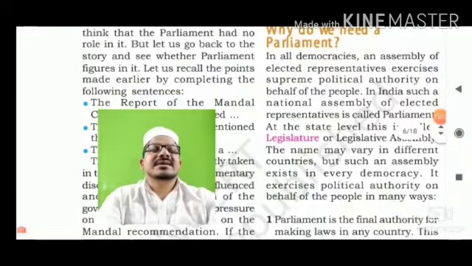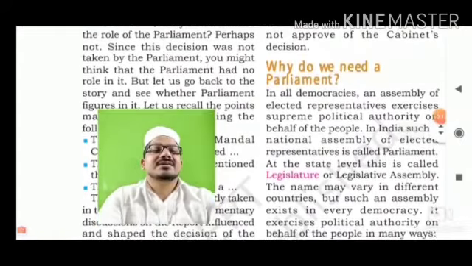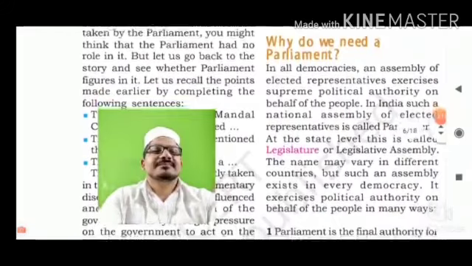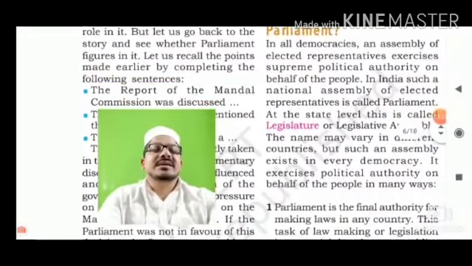Parliament is actually an assembly of elected representatives. At the same time, the National Assembly of Elected Representatives is called Parliament, and the state level Assembly of Elected Representatives will be known as Legislature or Legislative Assembly.